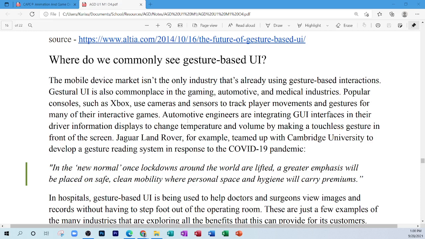Jaguar Land Rover, for example, teamed up with Cambridge University to develop a gesture reading system in response to the COVID 19 pandemic. In the new normal, once lockdowns around the world are lifted, a greater emphasis will be placed on safe, clean mobility where personal space and hygiene will carry premiums.